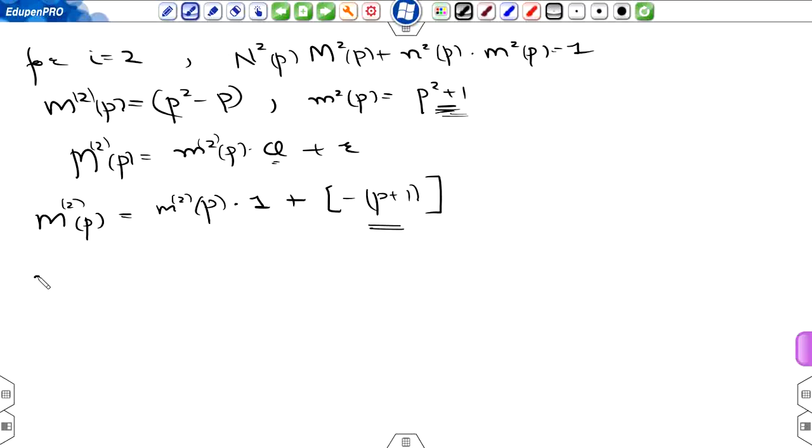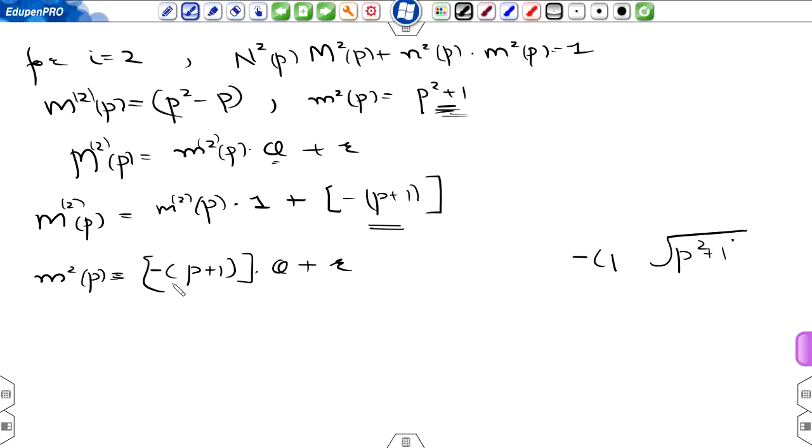So now small m2p will be divided by this remainder, so we can express this in the form small m2p is equal to minus p plus 1 multiplied by quotient plus remainder. So for this we have to divide small m2p, that is p square plus 1. So p square plus 1 will be divided by minus p plus 1.